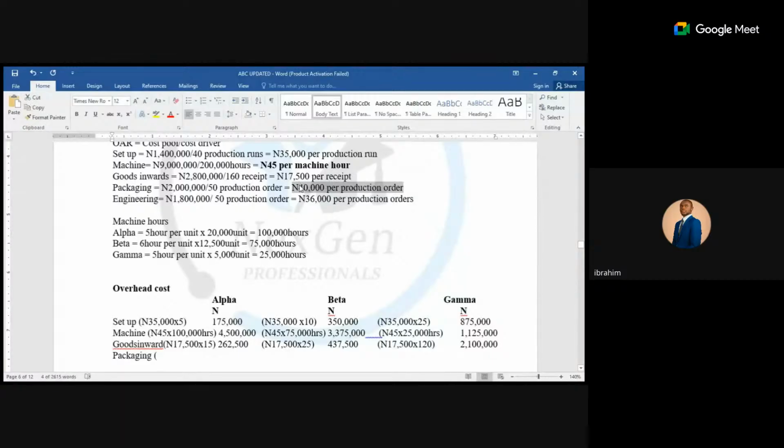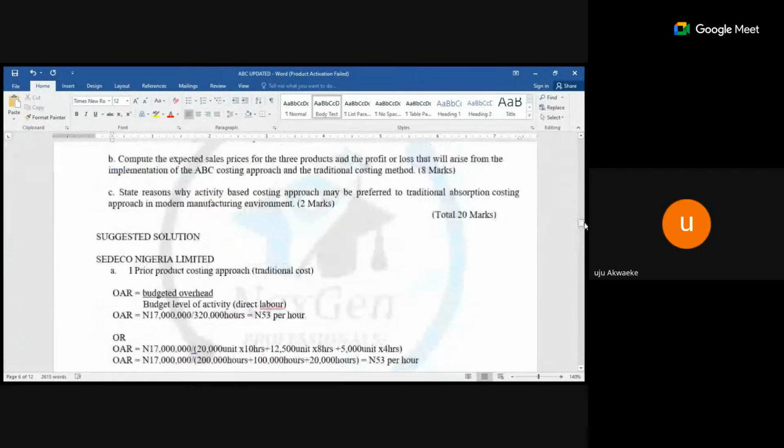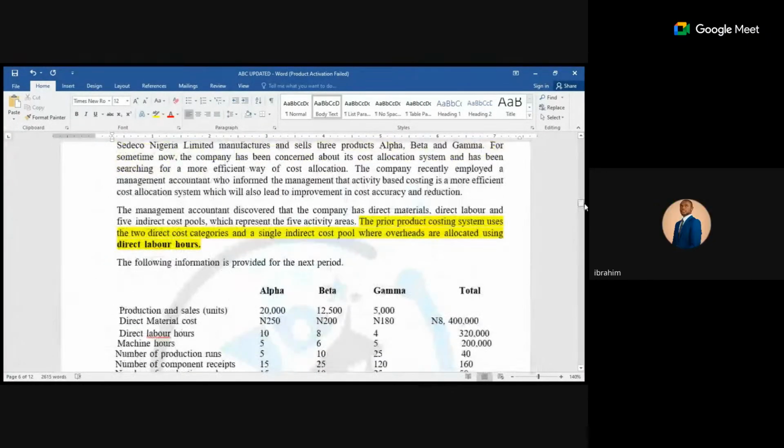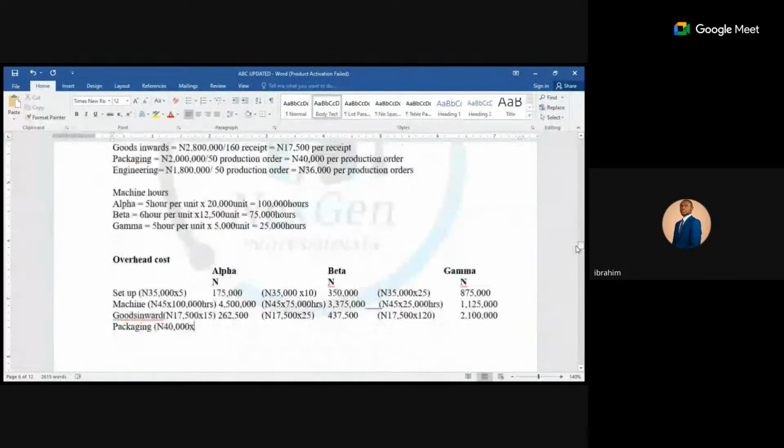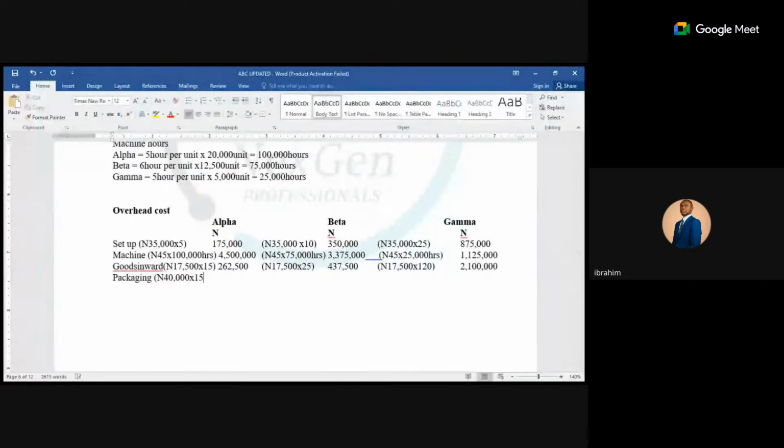The question is, how many production orders do we have for alpha? Please check. We have 15. So when you multiply this, what do you have? 600,000.